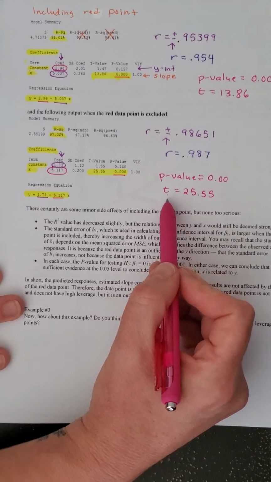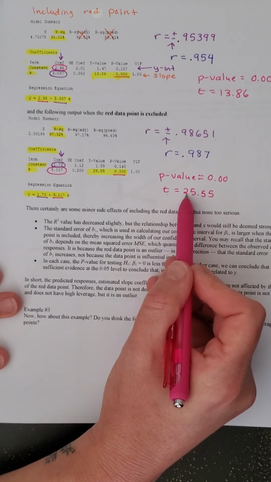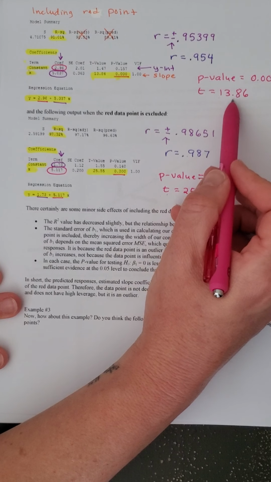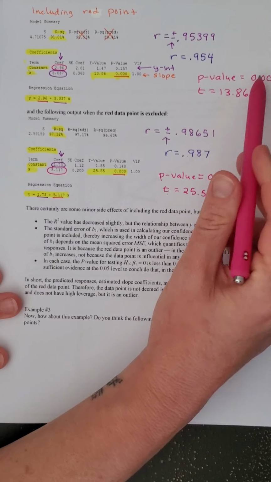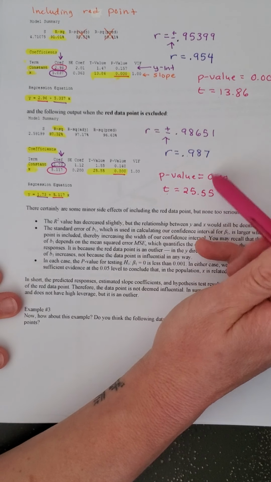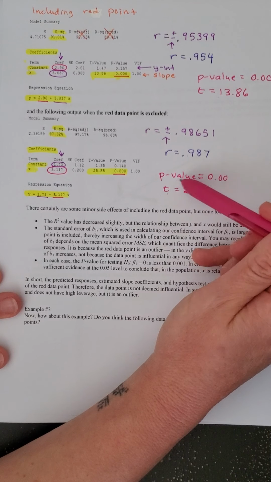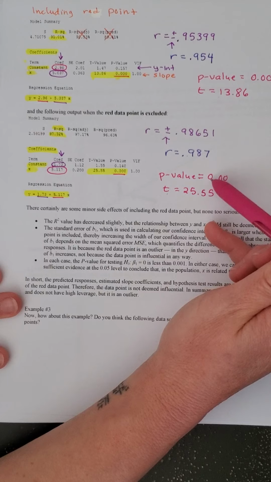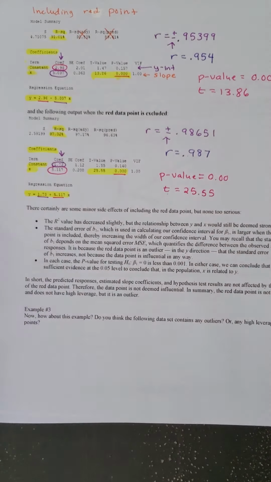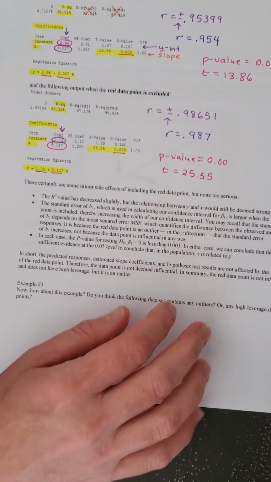Now, if you have a t-value of 25.55, that's 25 standard deviations. Here's almost 14 standard deviations. The probability of something being that many standard deviations away is virtually 0. So you can see it does not change your conclusion. You would still reject the null hypothesis because your p-value would fall below any reasonable alpha. Again, we're not doing regression analysis, but you can see it does not affect the regression analysis.